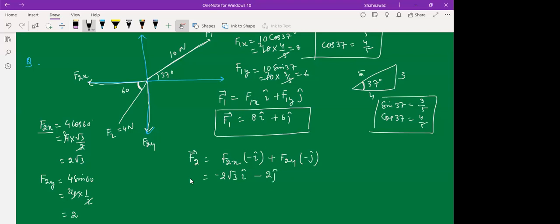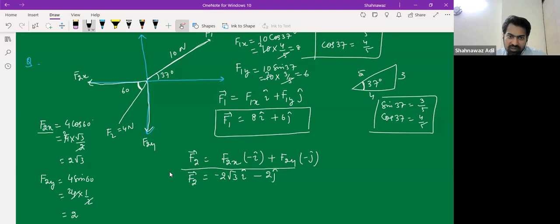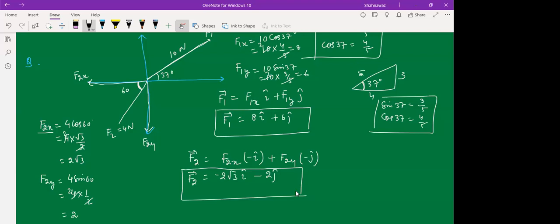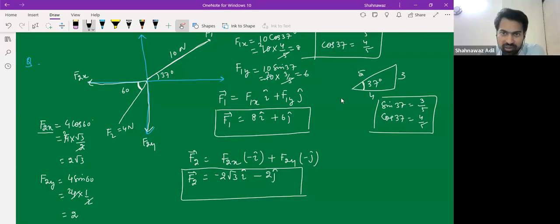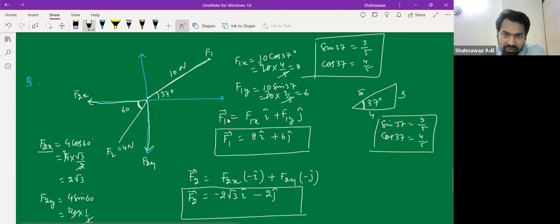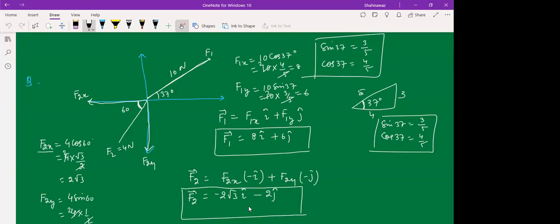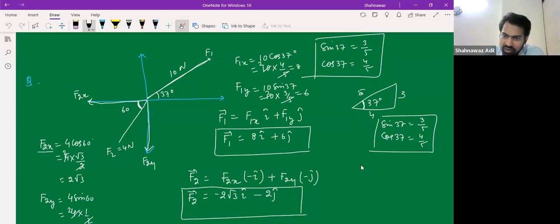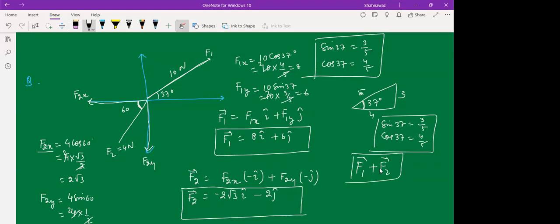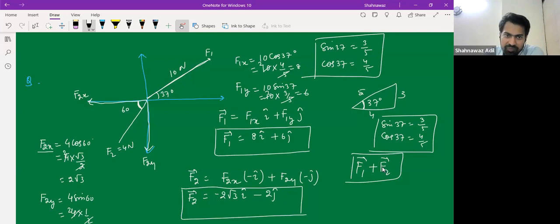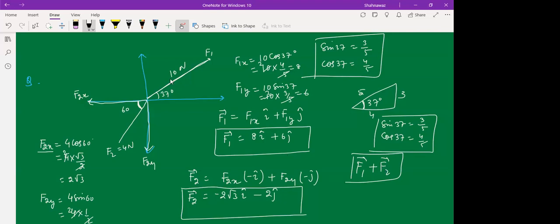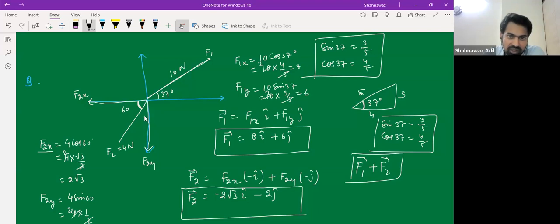Understood? So you can see the usefulness of this resolution. We have changed f1 into Cartesian form and f2 into Cartesian form, right? And now we can calculate f1 plus f2 pretty easily. We can find the resultant of f1 plus f2, correct? But applying the parallelogram law in this case would be difficult.